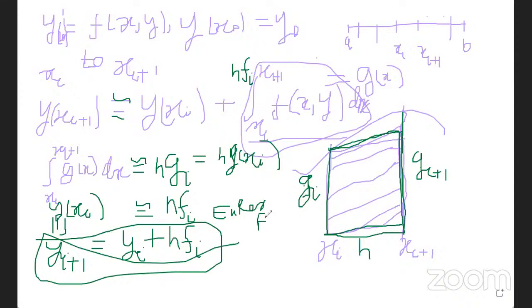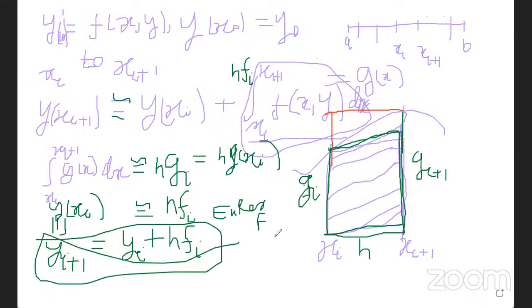Is there any other way to do the same thing? Yes, we can do it another way. For example, rather than this way, we approximate this curve from the upper side, and now this will be the rectangle.